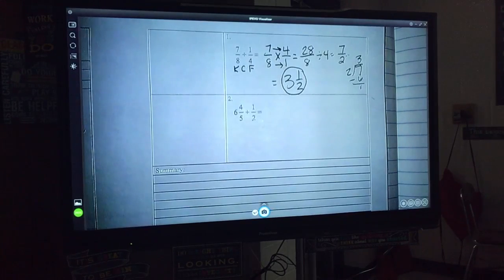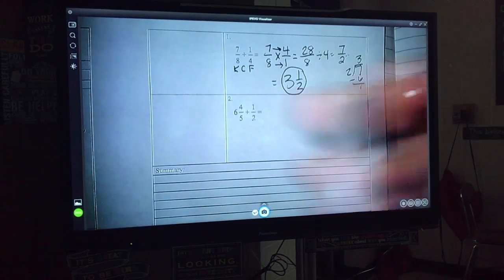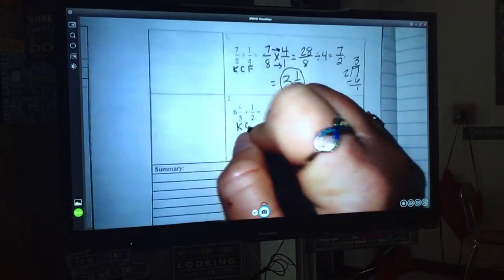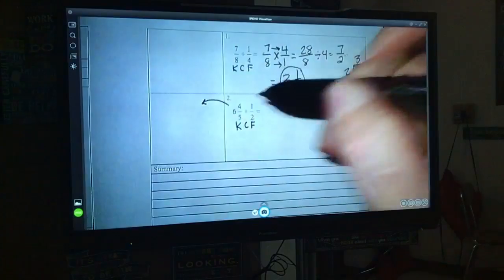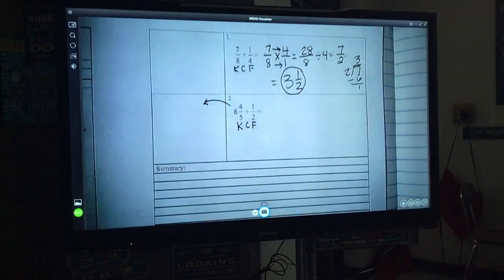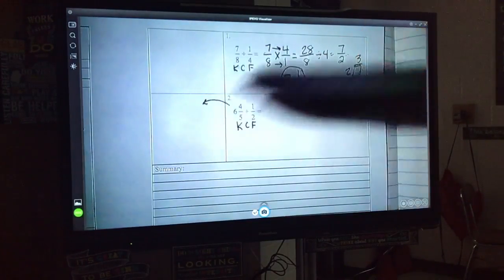Camden, you have a question? Nope. Alright, so the next one, keep, change, flip. Do your work for the 6 4/5 over in this area, and then do everything else.